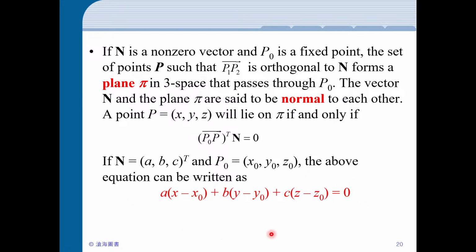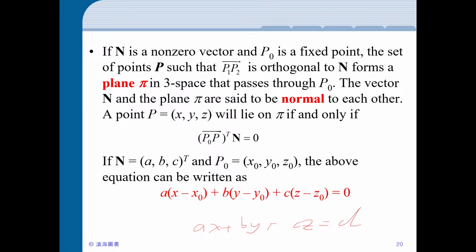So that's the algebraic representation of a plane. This is a 2-dimensional plane that is normal to n and goes through some point x0, y0, z0. When you learn this in high school, you probably see a plane as ax plus by plus cz equal to some constant, let's say d.